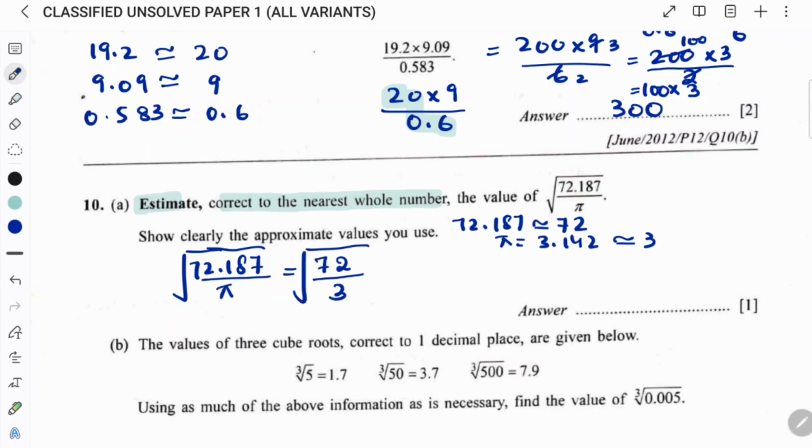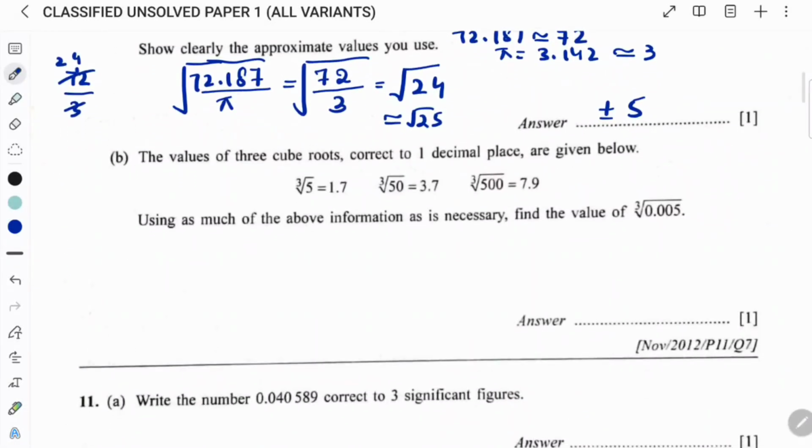So 72 is a multiple of 3, which is equal to 72 divided by 3. 3 2s are 6 and 3 4s are 12, so that is the square root of 24. Estimate correct to the nearest whole number, showing clearly the approximation. So the square root of 24 is approximately equal to the square root of 25, which is equal to plus minus 5 here.